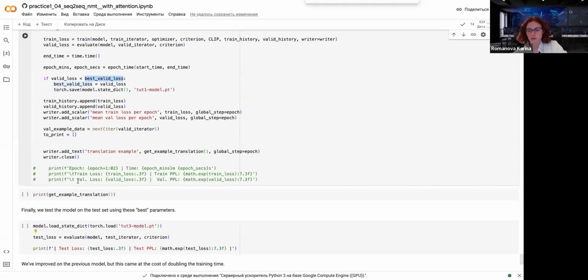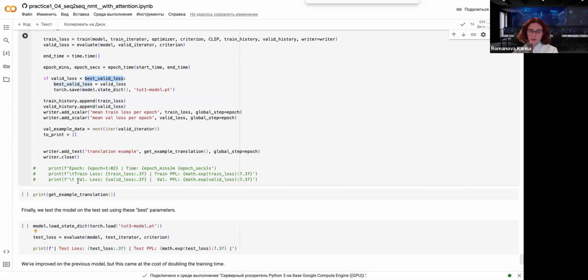In traditional sequence-to-sequence models, the encoder compresses the entire input sequence into a single fixed size context vector. This approach can be limiting, especially for long sentences, because it forces the model to condense all the relevant information into a single representation, which often leads to information loss.